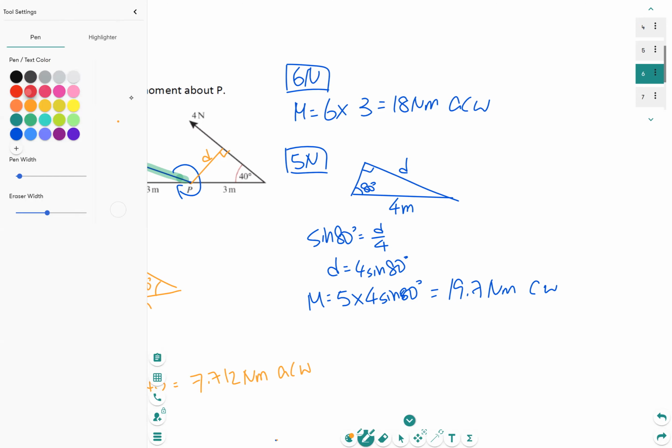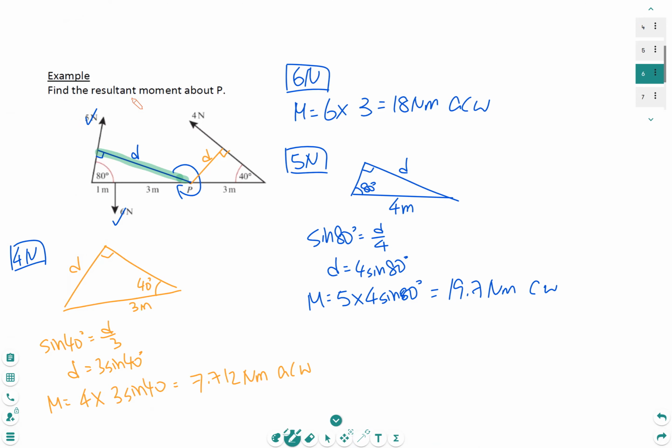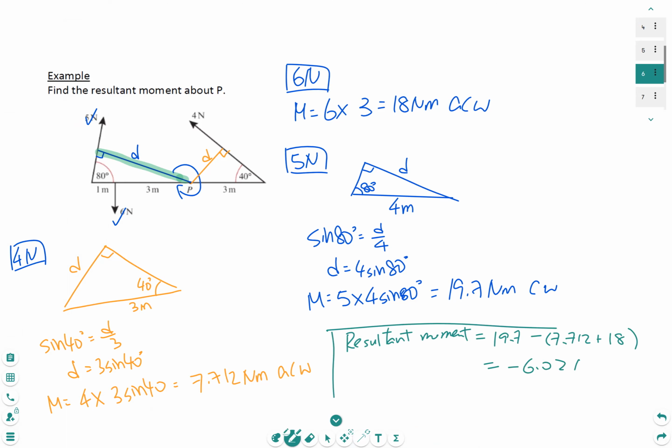So what's the verdict then? The resultant moment equals the clockwise moments, 19.7, subtract the sum of anti-clockwise moments, 7.712 plus 18. If you put that in a calculator, you get negative 6.02 Newton meters.